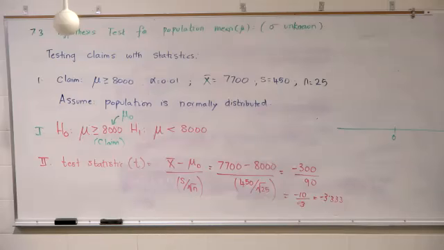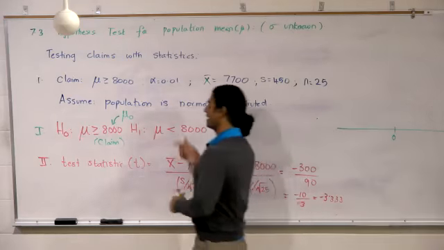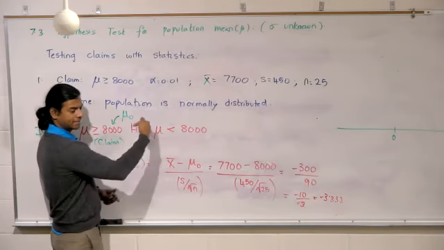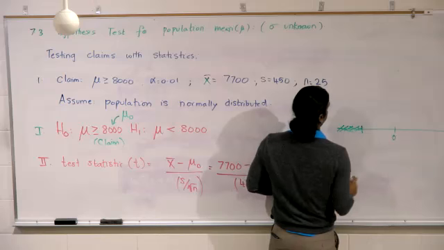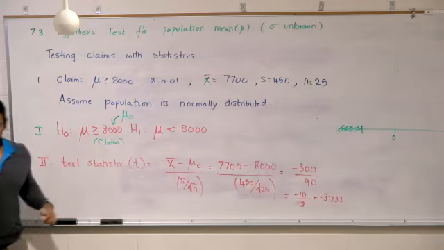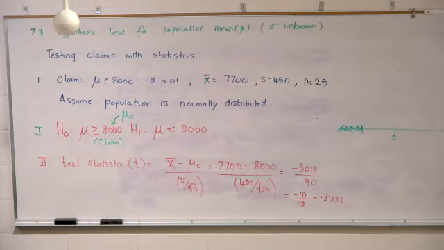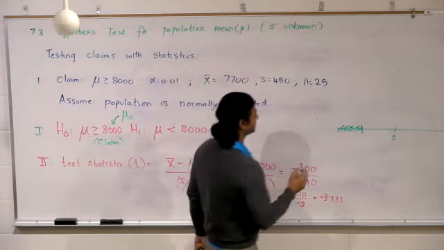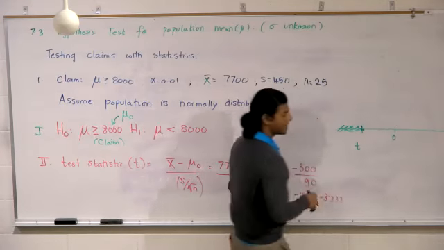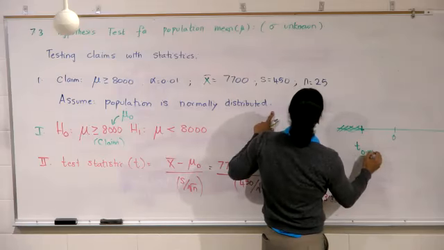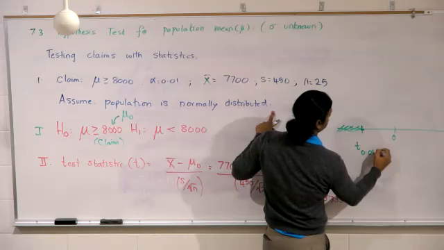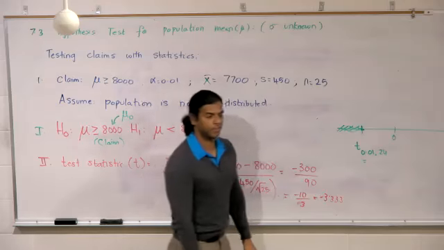Where should the rejection region be? Left-hand side or right-hand side? Left, because this is a left tail test, pointing to the left, like last time. We have to find the critical value. What do we use to find the critical value? Inverse T. So in our case, alpha is 0.01, and n is 25, so 25 minus 1, 24.